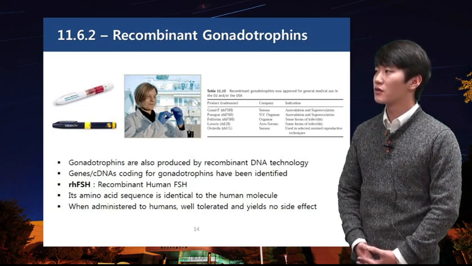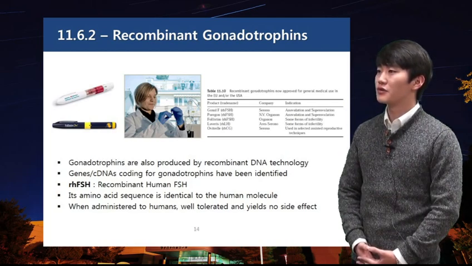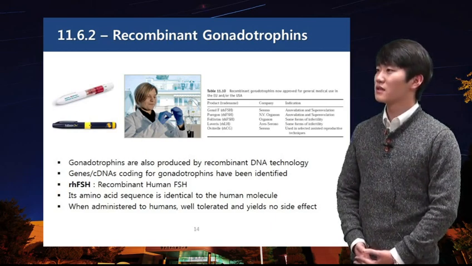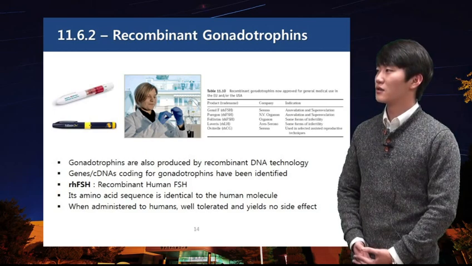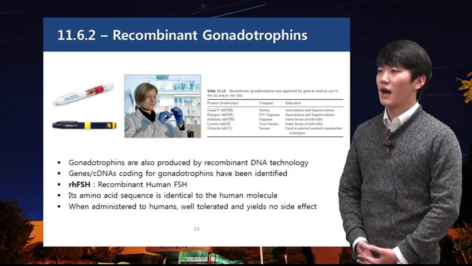Gonadotrophins are now also produced by recombinant DNA technology. Recombinant human FSH produced in CHO cells has proven clinically effective. When administered to humans, it yields no unexpected side effects and does not show immunological responses.